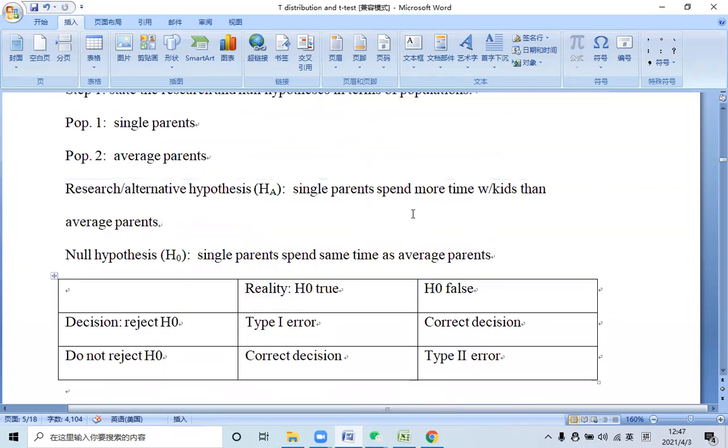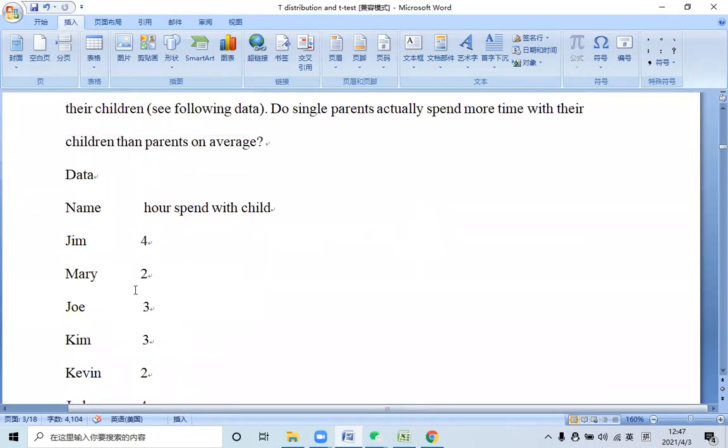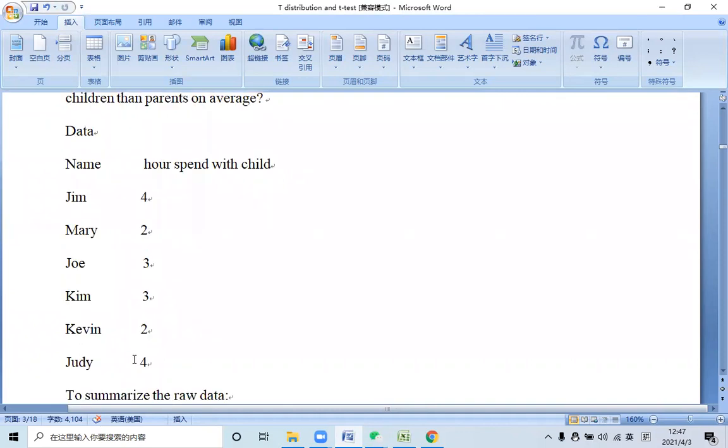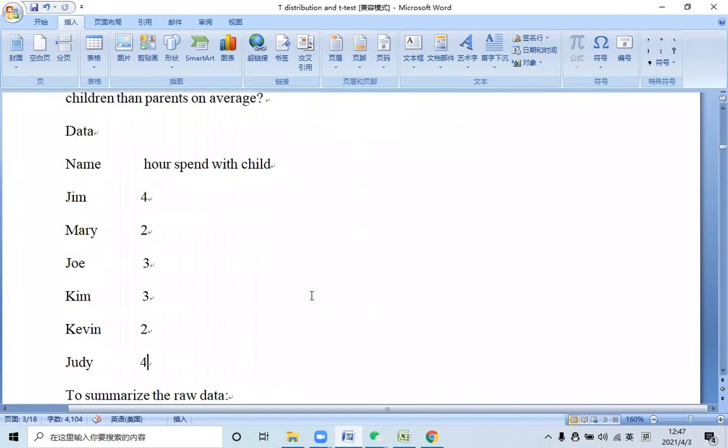According to the null hypothesis, the six people you have sampled in your sample are coming from the average parents. According to the null hypothesis, these 6 people are no different from the average parents. You can use these 6 people to estimate the standard deviation of the population of average parents.